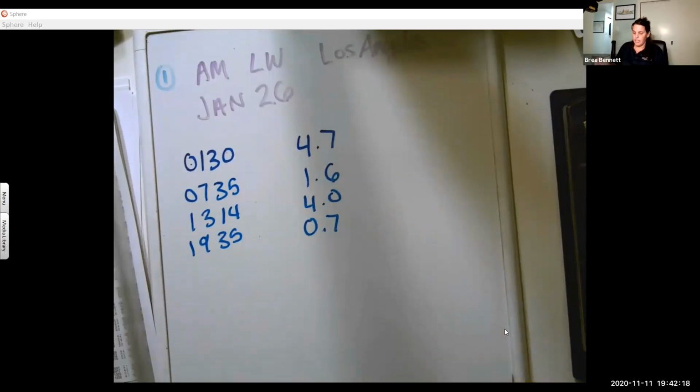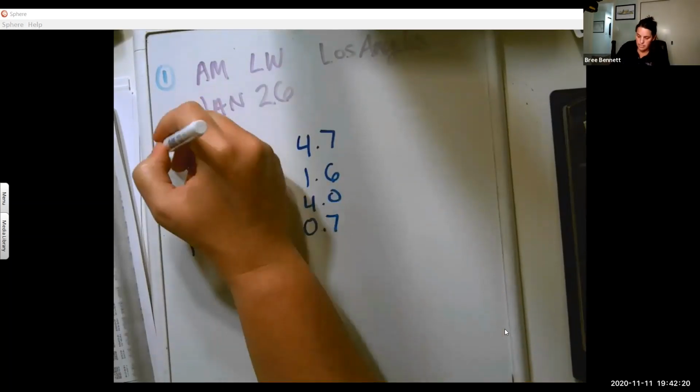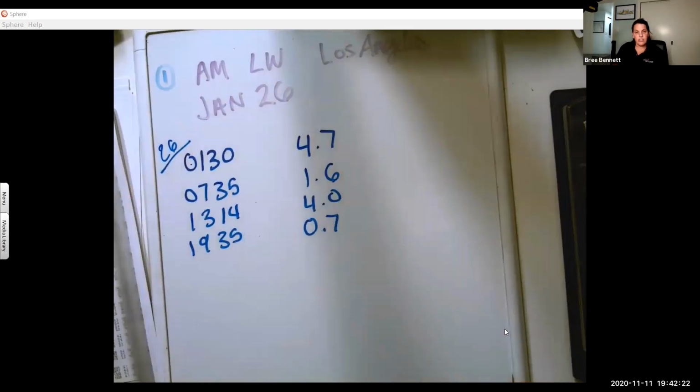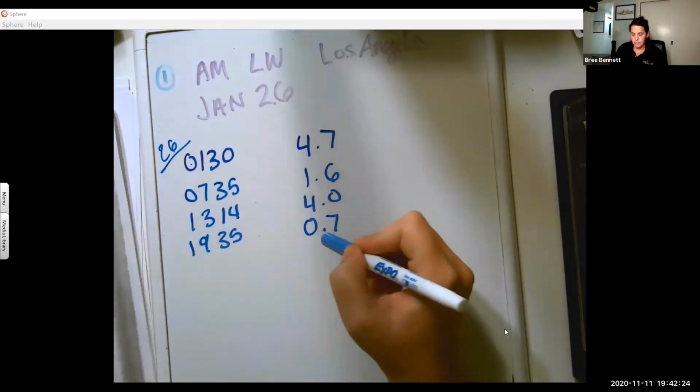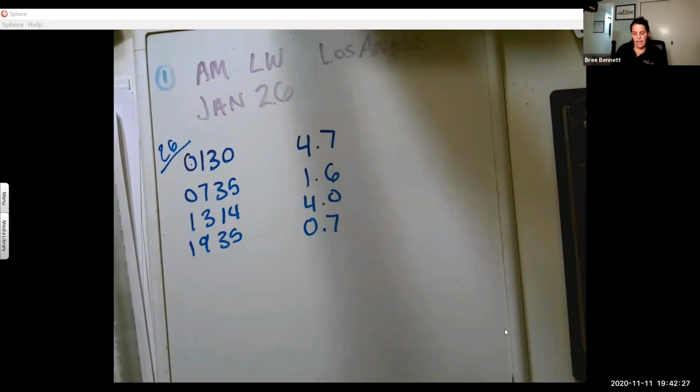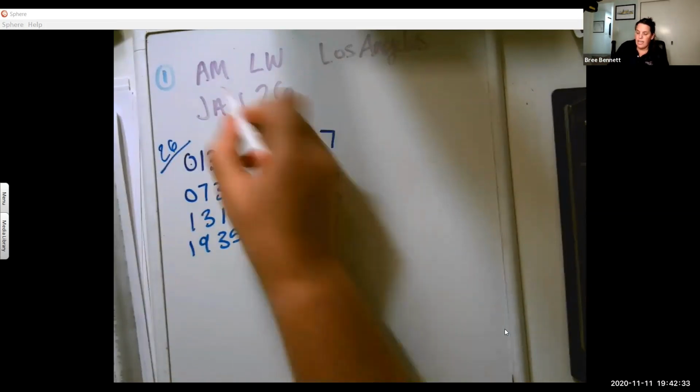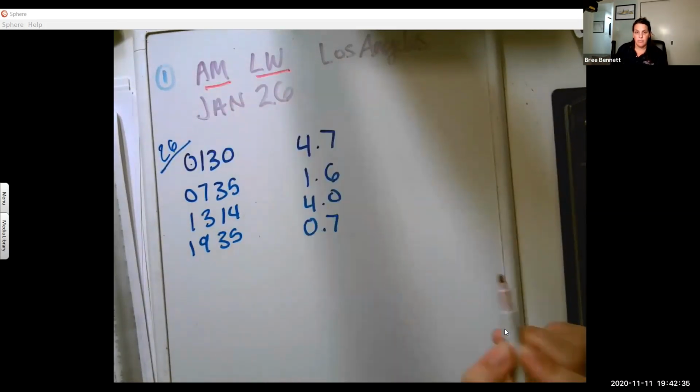Okay, so on January 26th, these are the numbers that it gave us. This is the time and this is the height. So we have time and height. It asked us, what is our AM low water?